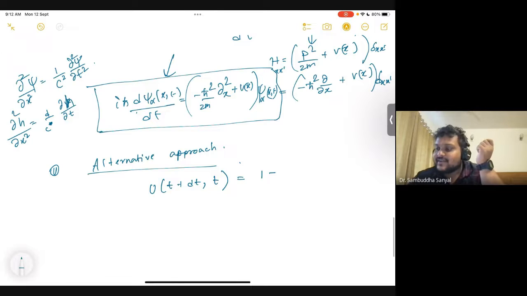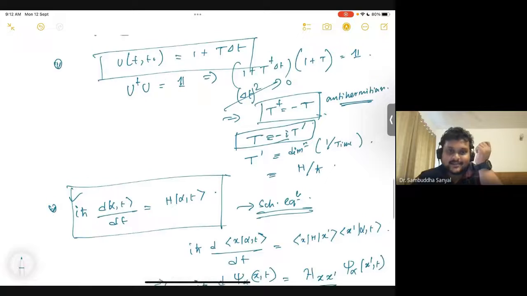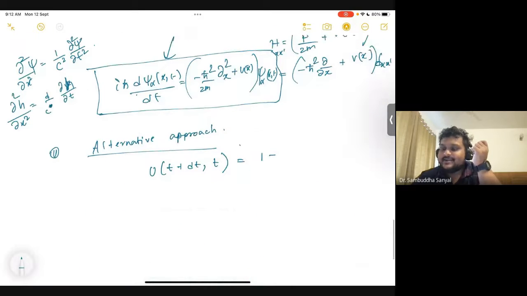So Schrodinger definitely didn't derive this Schrodinger equation using this bracket formalism. Right? He derived it using some idea from classical mechanics called Hamilton-Jacobi. Again, I will talk about it later if you have interest, but let's just proceed with the standard stuff.